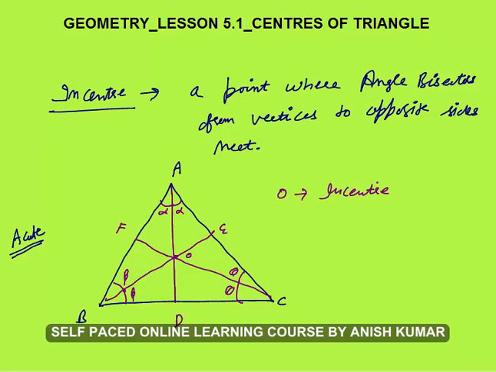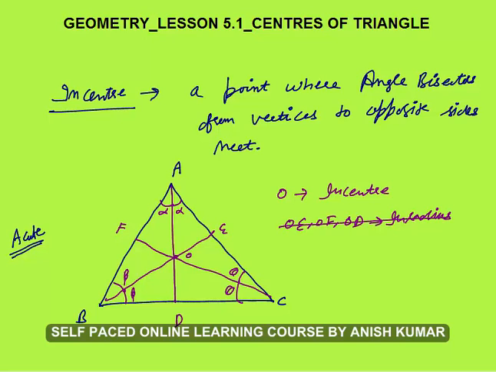We can take this as a center, and with some radius, we can draw a circle inside the triangle. So can I say that OE, OF, OD are the inradius? If there is a center, there must be a circle. Are they the inradius?